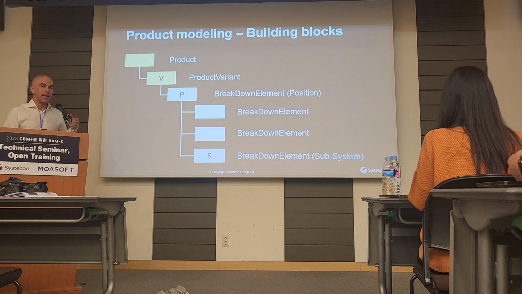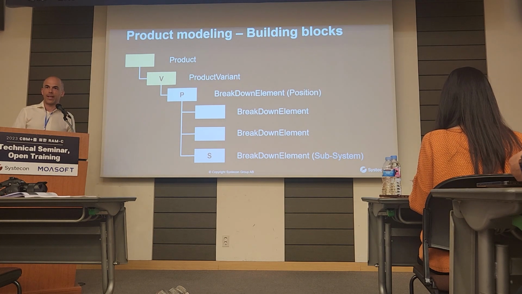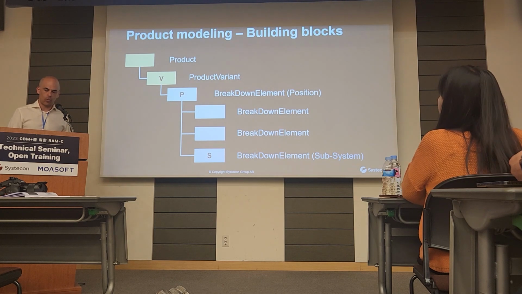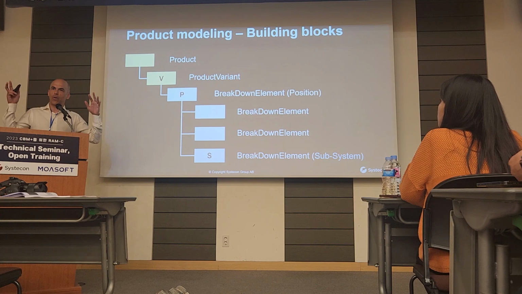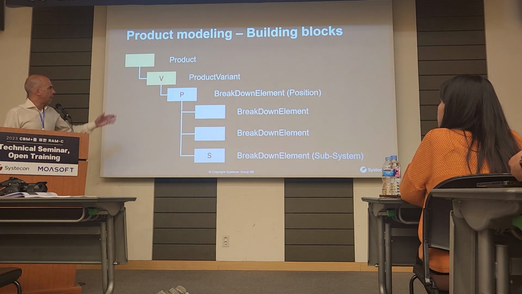So for example, in the standard of S3000L that you might know, the LSA standard, they are talking about products and product variants. We thought that was a good idea and wanted to reflect concepts like that in our model as well. So we have adopted this notion of a product that is like the product family, the mother of the product. And then we could derive multiple product variants from that product.